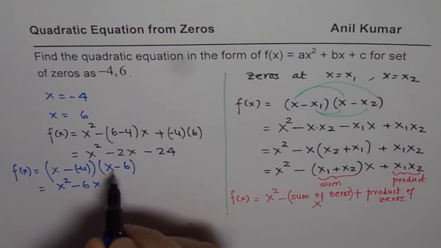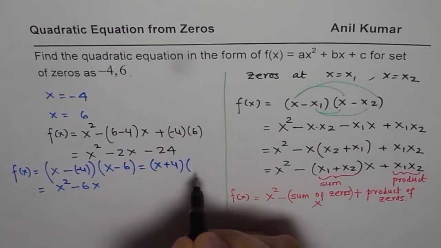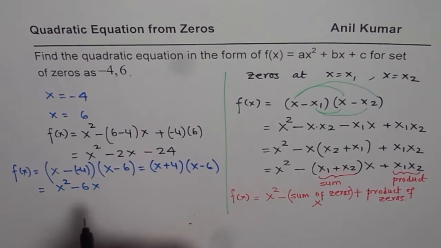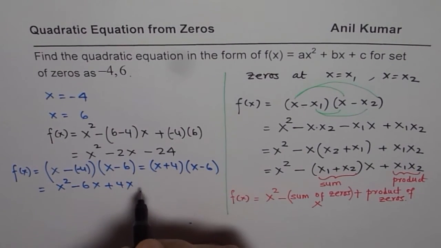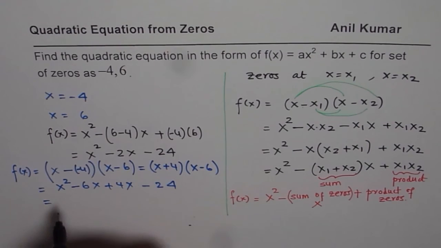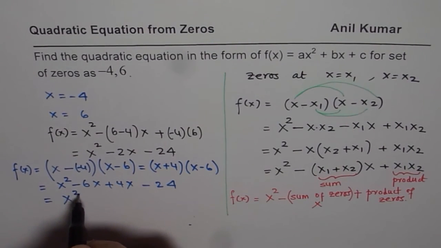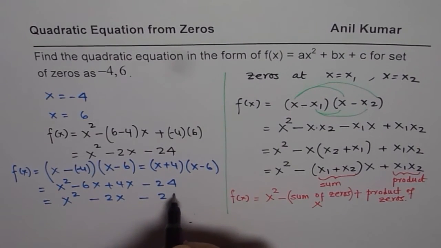So let me rewrite this as x plus 4 times x minus 6, right? And now with plus 4 we get plus 4x and minus 24, right? And then we can combine these two terms and write our answer as x squared minus 2x minus 24.